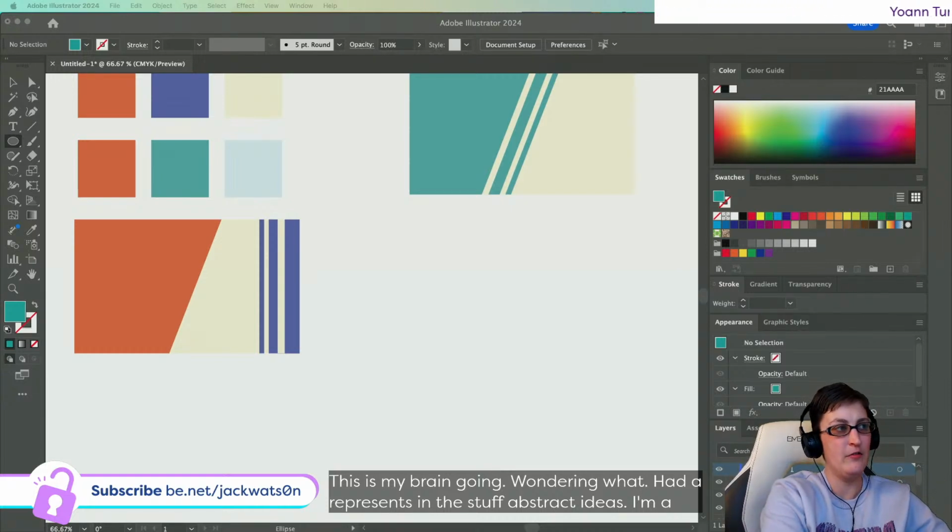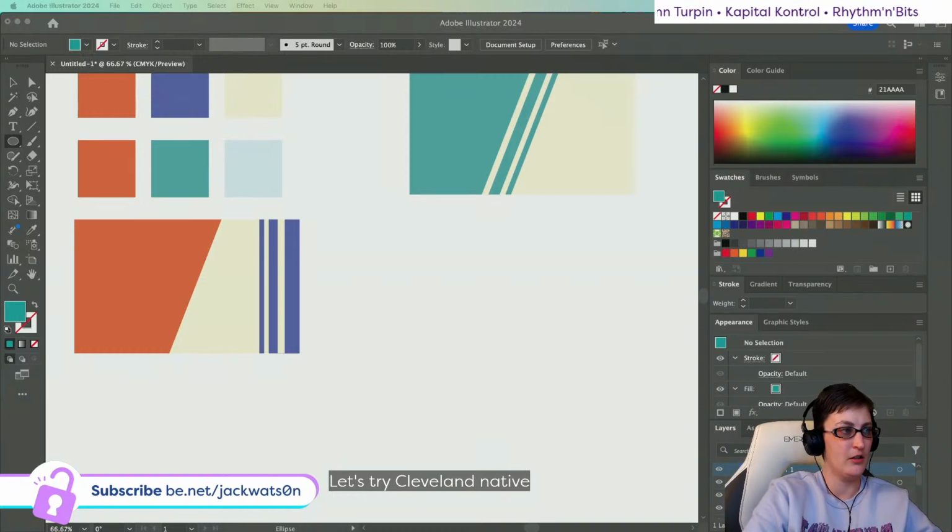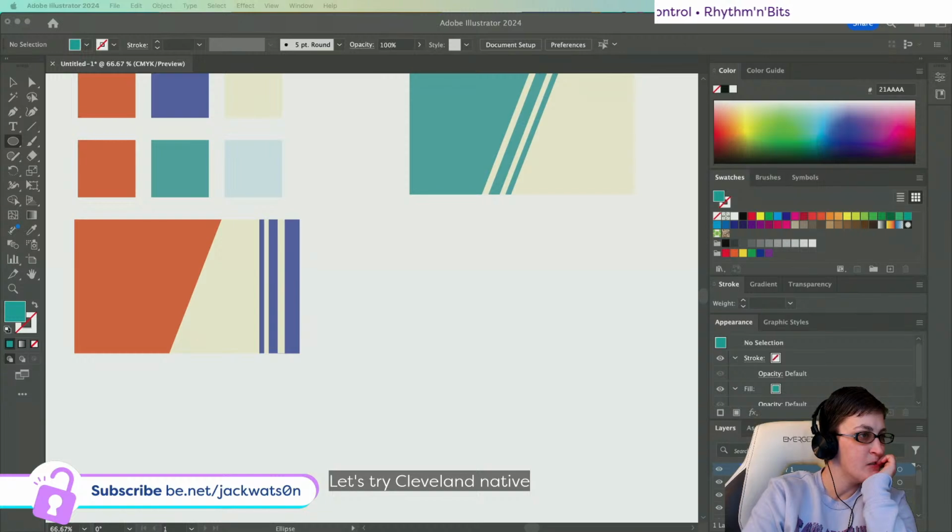Let's try Cleveland native tree. Probably the Buckeye.